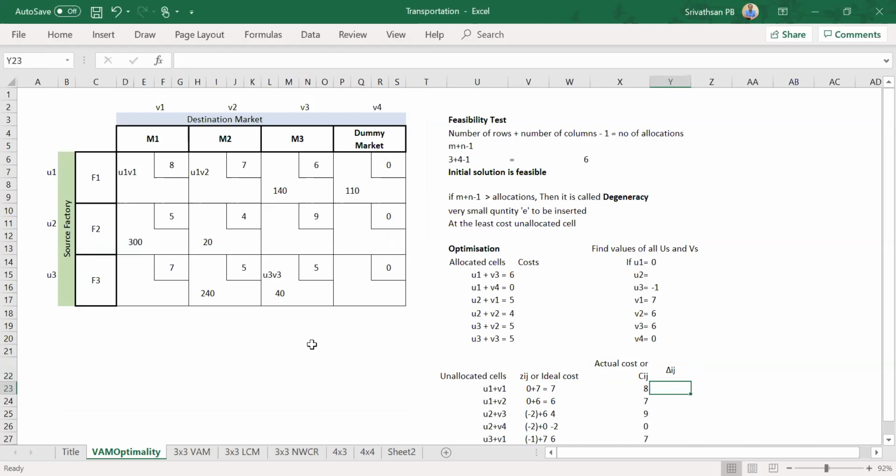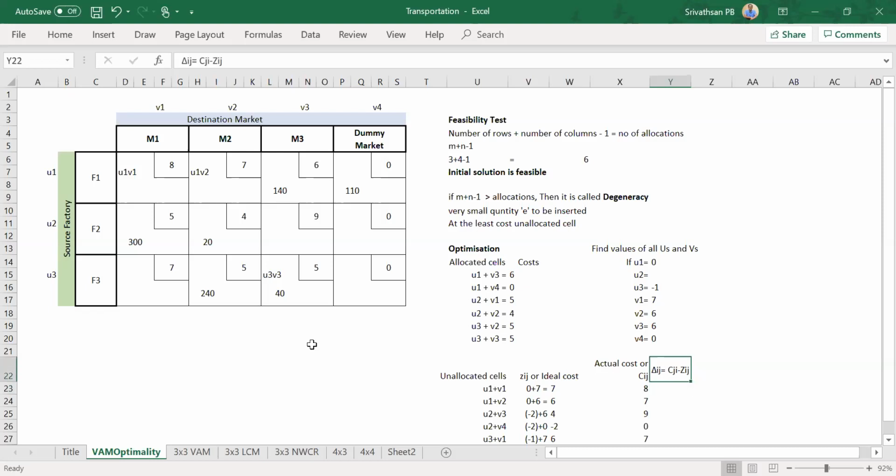So del ij is the difference between your ideal cost and actual cost, and we have to find out whether there are any negatives. So del ij is equal to Cij minus Zij.